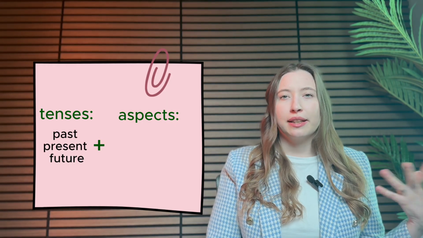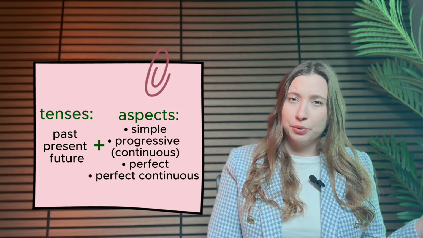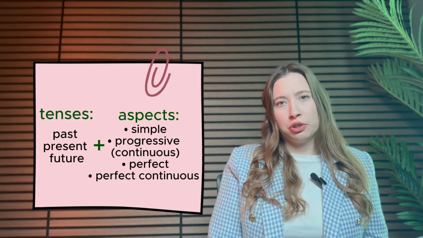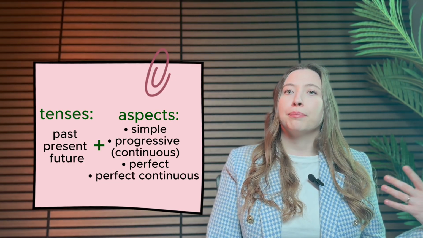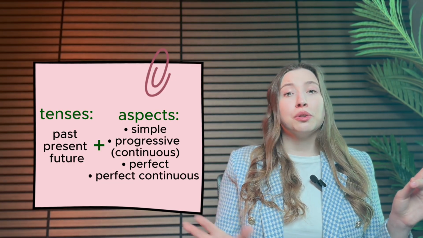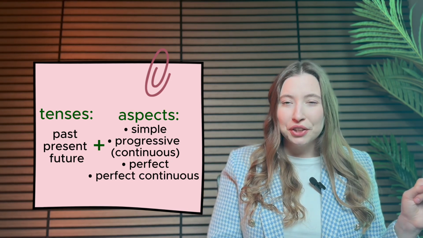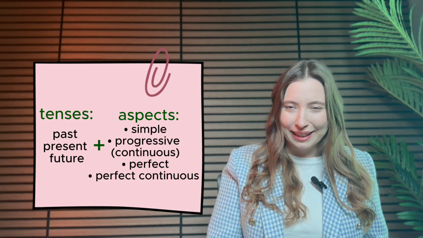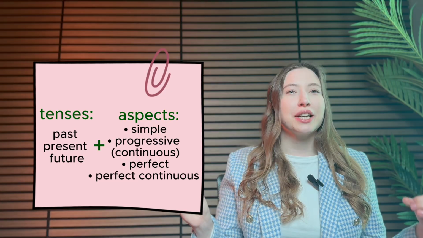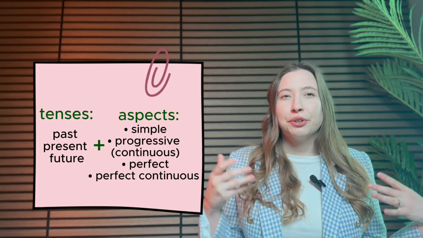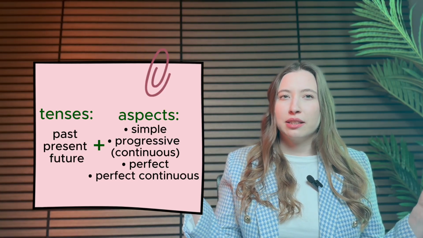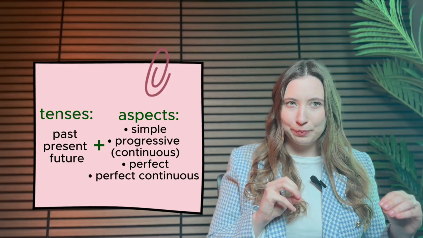The aspects in English are progressive or continuous for ongoing actions and perfect for completed actions. We can also merge the two together and we get perfect continuous. And then there's simple, which is kind of like the zero aspect. So it's the base form of each tense.